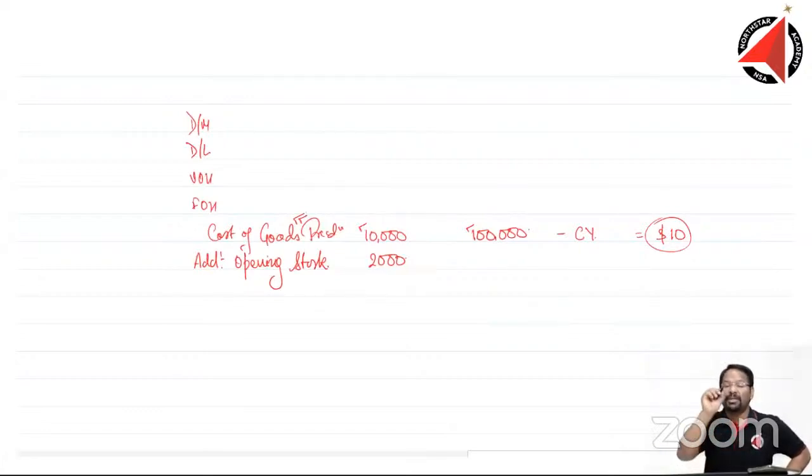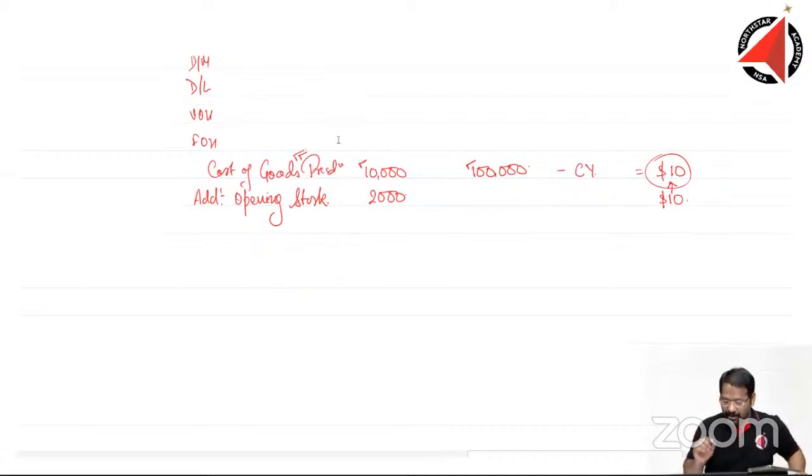This is my fundamental presumption in the absence of any other information. So 100,000 divided by 10,000, my current cost of production is $10. I will presume last year also it was $10. Otherwise, the question has to mention specifically what was the last year cost of production. So here it is going to be 20,000.